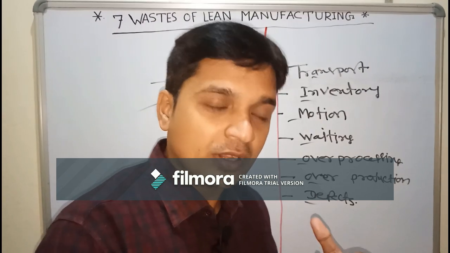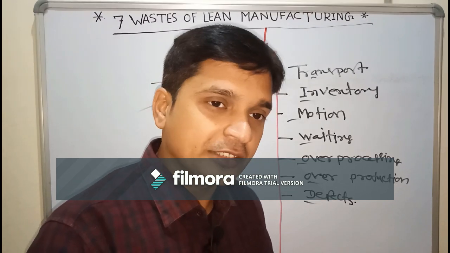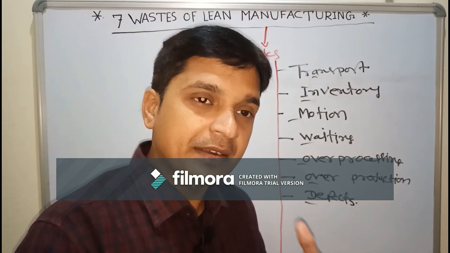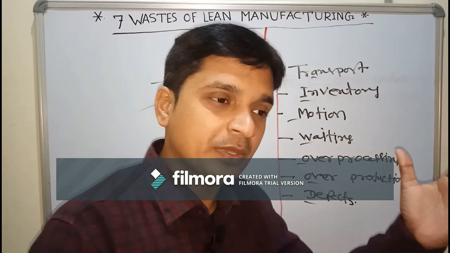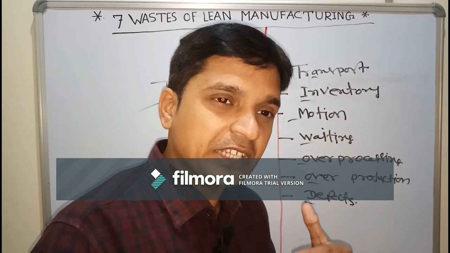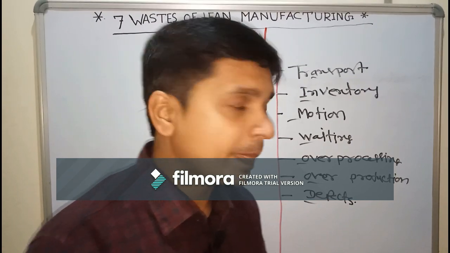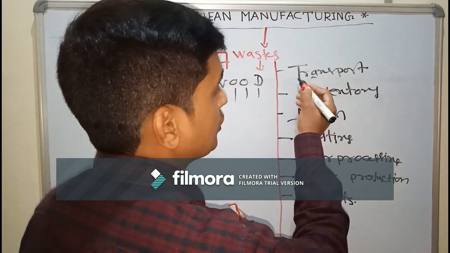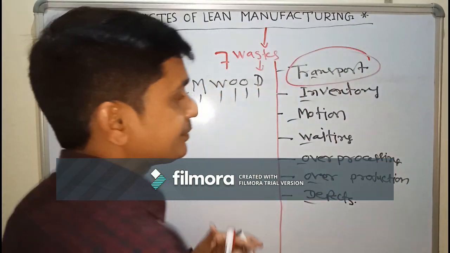Also, within your organization, if some processes are far from each other, moving material from place to place means extra transportation cost. That is called transportation wastage, and it is a very major problem nowadays.